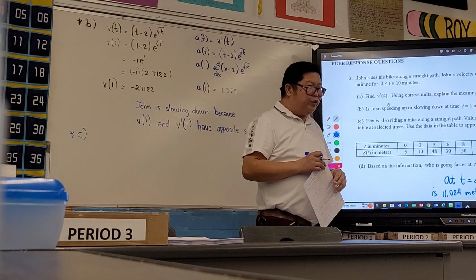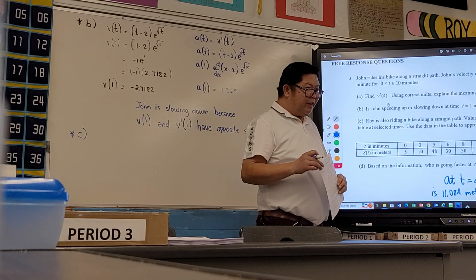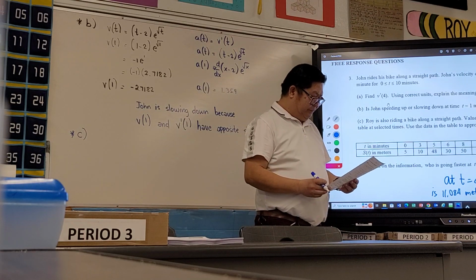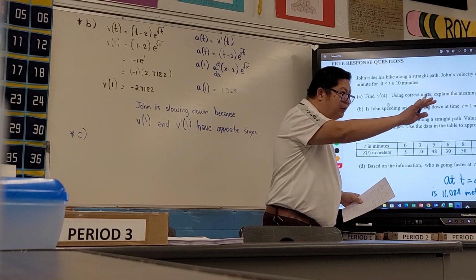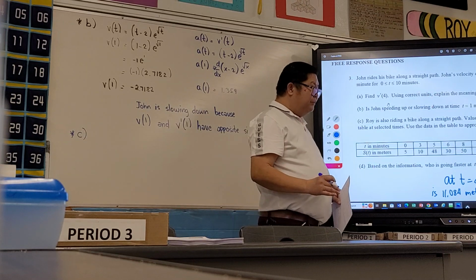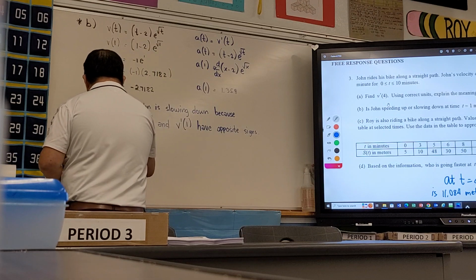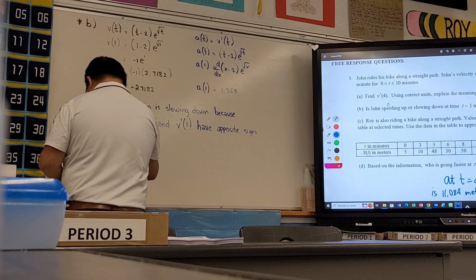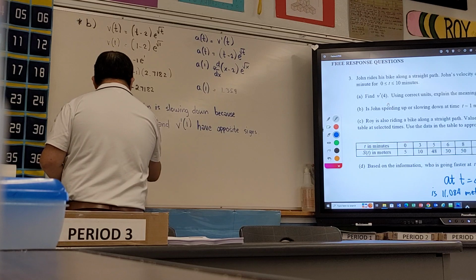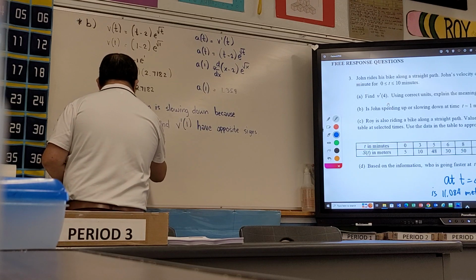No. So how do we do that? Take the, what did you say a while ago? So we do V4 is approximately S prime of 4.